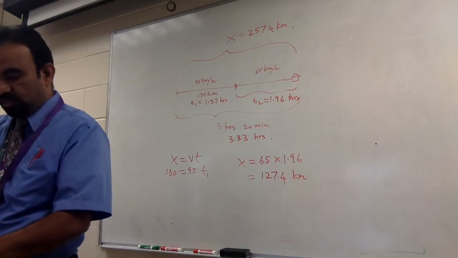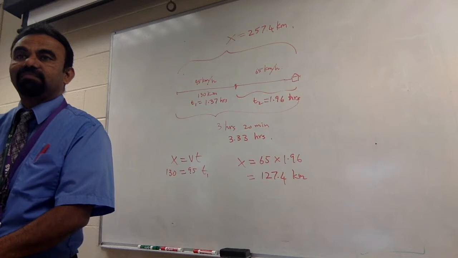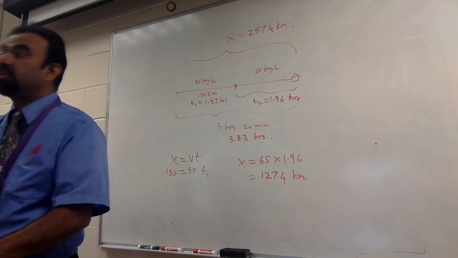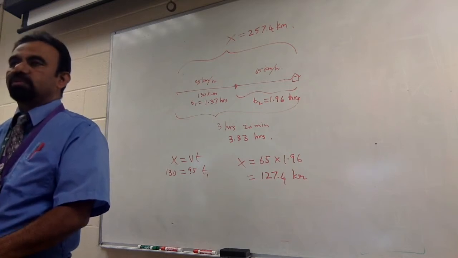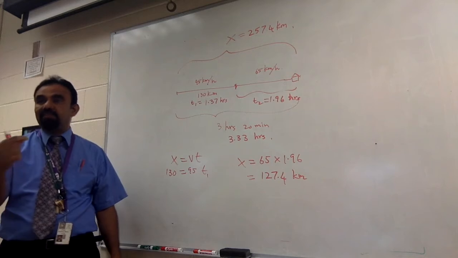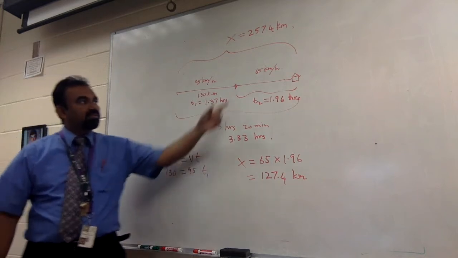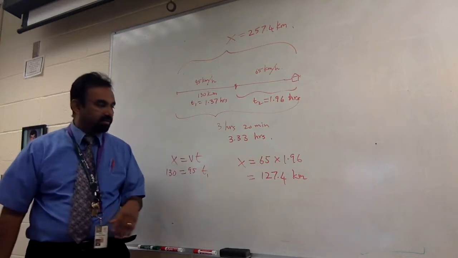So this 95 kilometers per hour is not the initial or final speed, it's the average. So you may start from 0, of course. The average is 95. It is not really any speed at any time. In the same way, the 65 is the average, new average reduced speed.